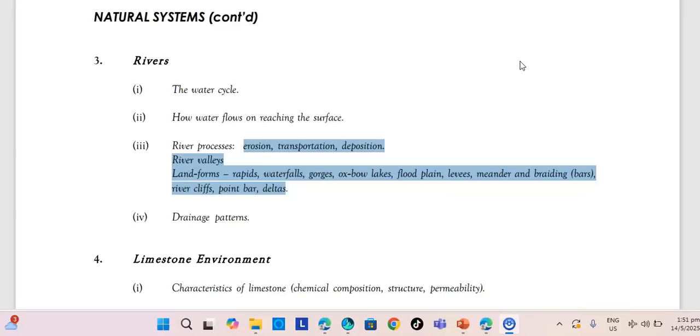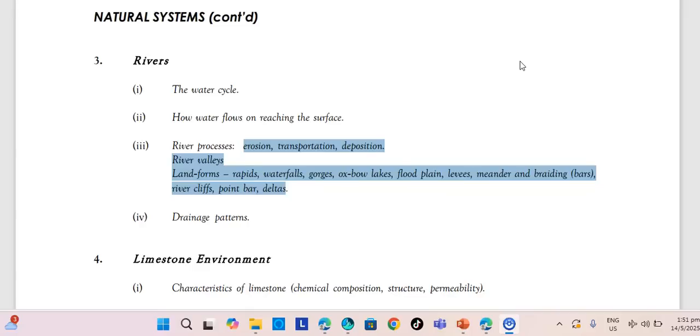Another river process is transportation. This is when the river carries away the material, as it suggests, transportation. Something is carrying something somewhere. So the river is carrying material. This is when the river carries away the material, rocks, sand, soil. It's eroded.